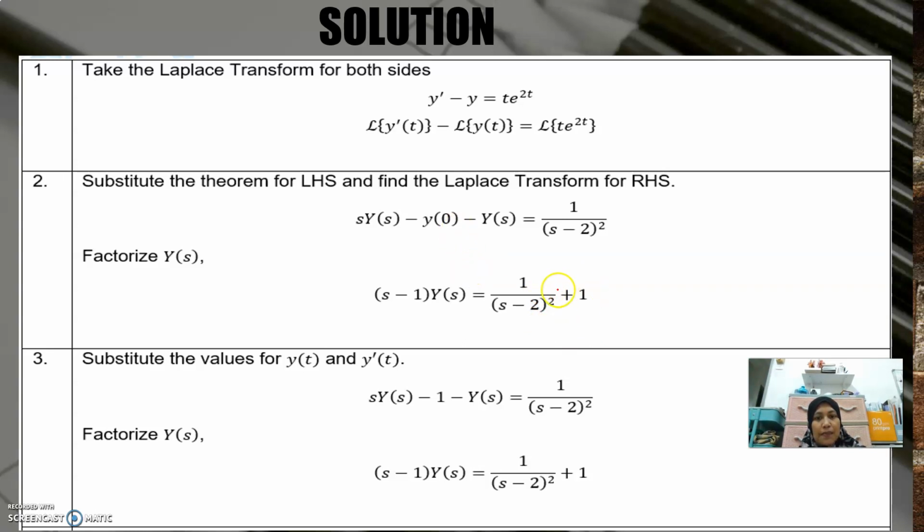The minus 1 here actually comes from y(0). When we change the position, y(0) is plus 1, so it will be minus 1 here. And then we factorize Y(s) again, so it will look like this.